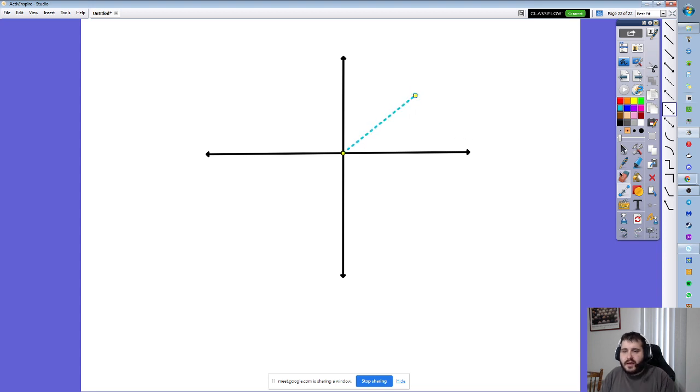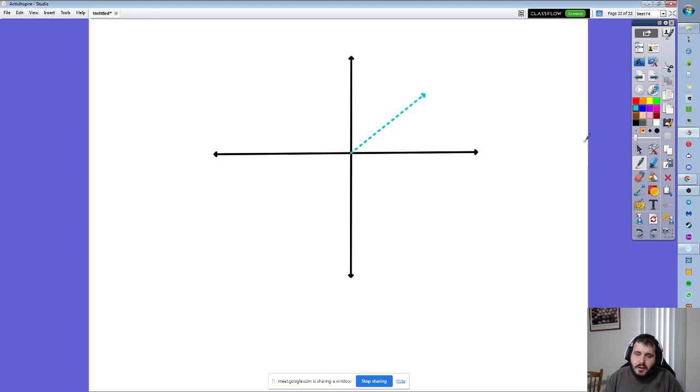So let's say we've got a line coming out of the coordinate plane like this, and the angle measure, let's call that, that looks like about 50 degrees.